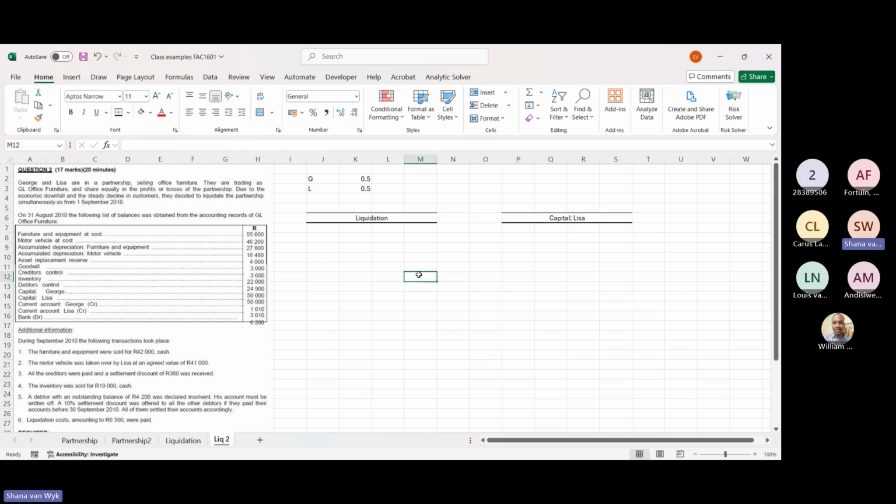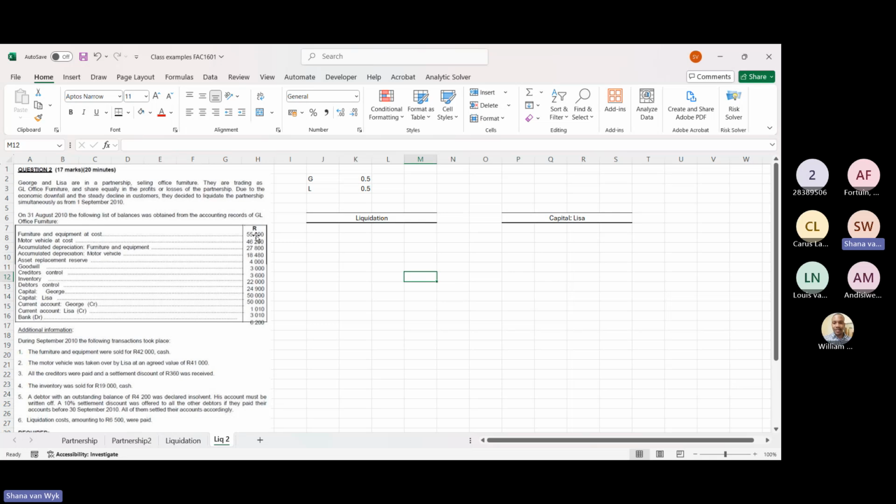Okay, what are we doing? We are closing off all of the assets to the liquidation account, and liabilities. Yes. Okay, so let's start from the top. Furniture and equipment at cost, and then furniture and equipment was sold for 42.